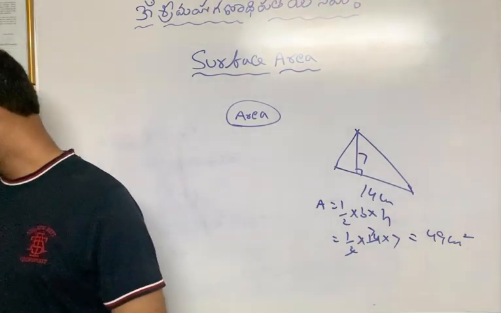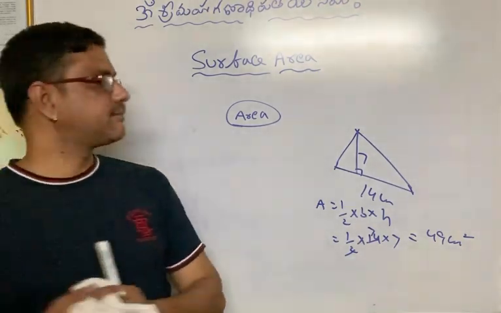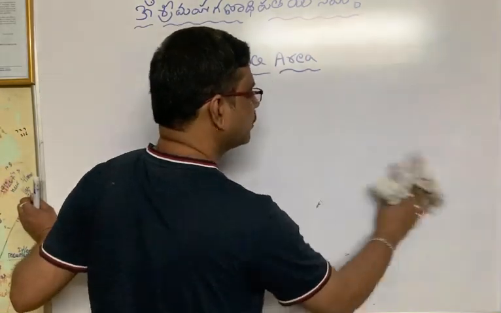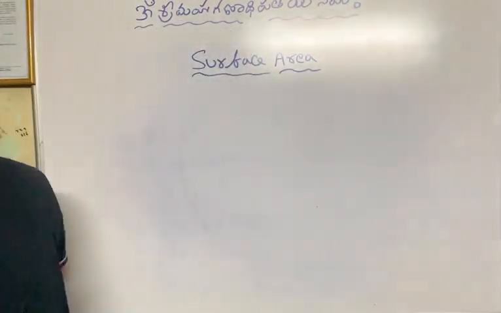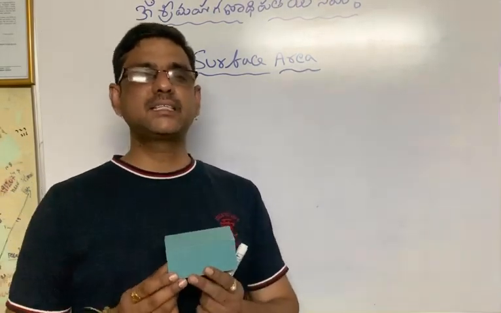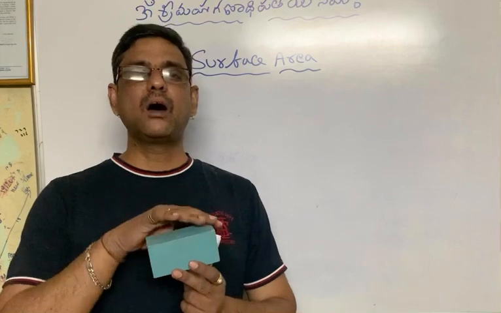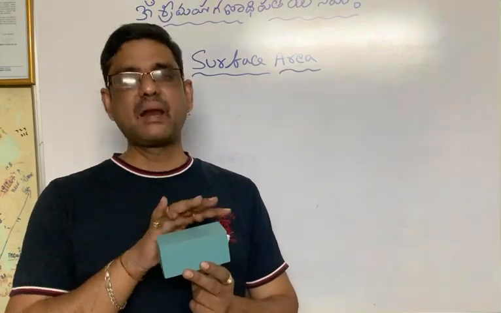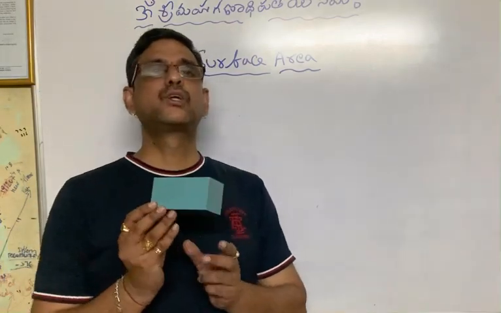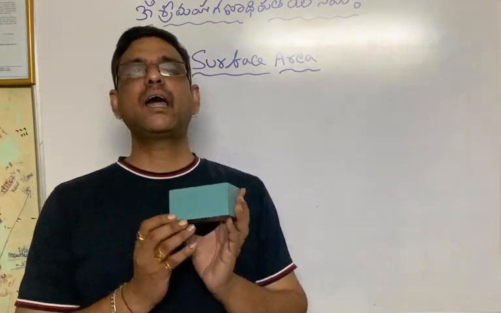Now, I am going to find out the surface area of cuboid. First, cuboid, this one. As I said before, surface area is nothing but the area of all its plane faces. If you observe here, this cuboid has rectangular faces.